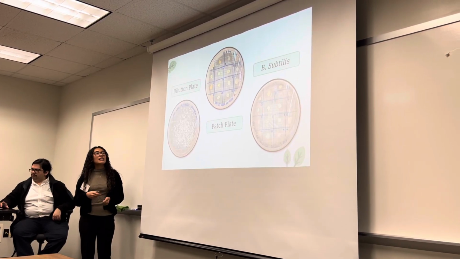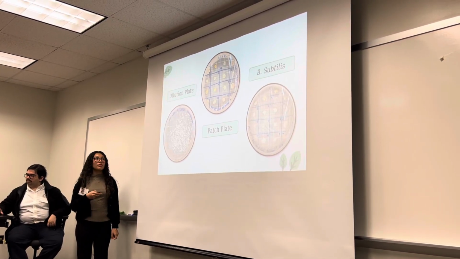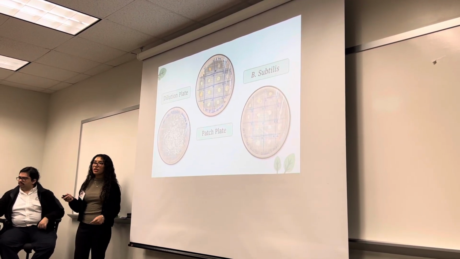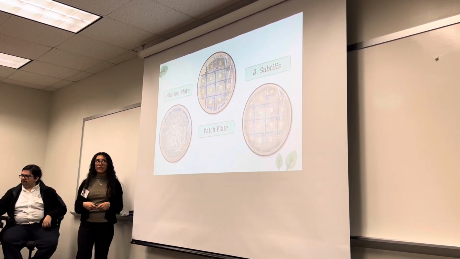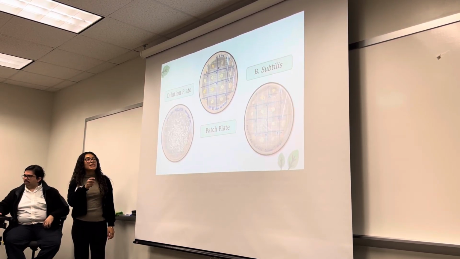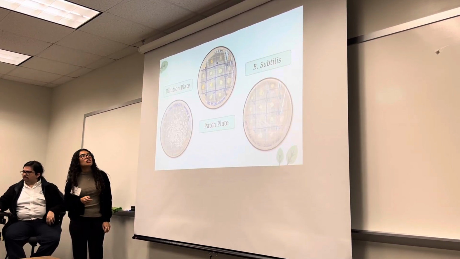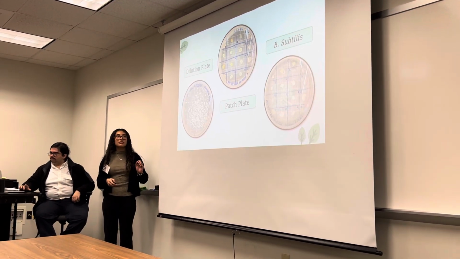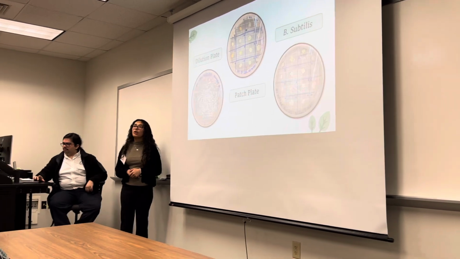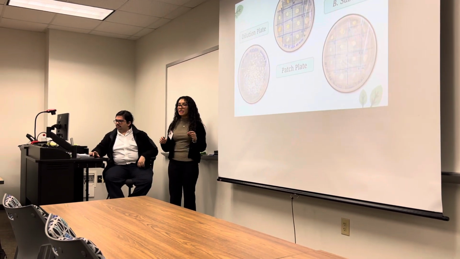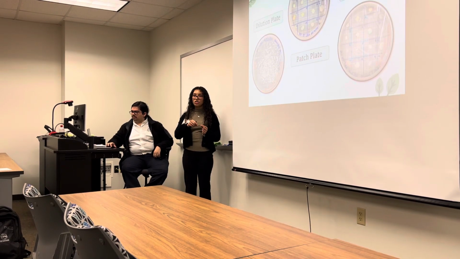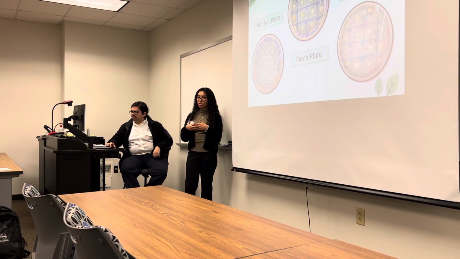From this, I used a needle to pick out certain colonies that looked very different characteristically, and then plated them on a patch plate right here, 16 of them to be exact, so I can isolate these microbial colonies. To isolate them, we want to make sure that it's a pure colony and not just a mixed culture.